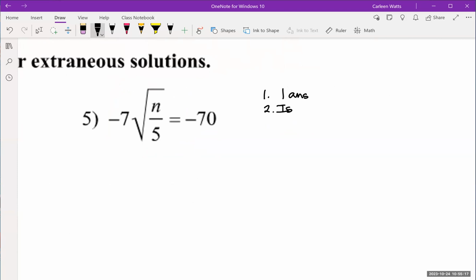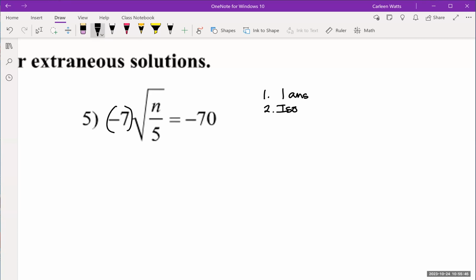Isolate. Okay, this is tricky. Now, Taylor Swift song. What is it in between the 7 and the square root? I've got a blank space, baby. Do we see we have a blank space in between the -7 and the square root?